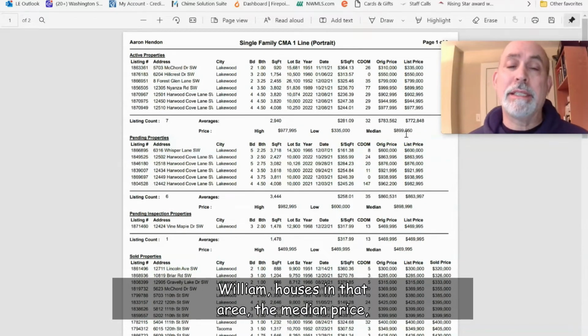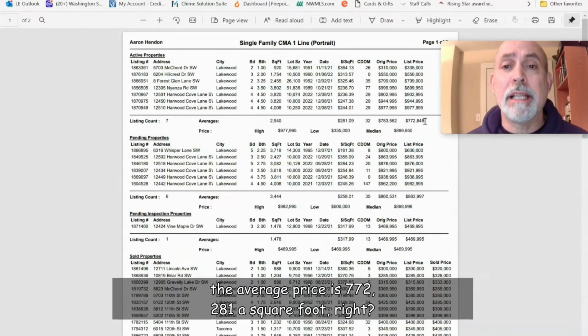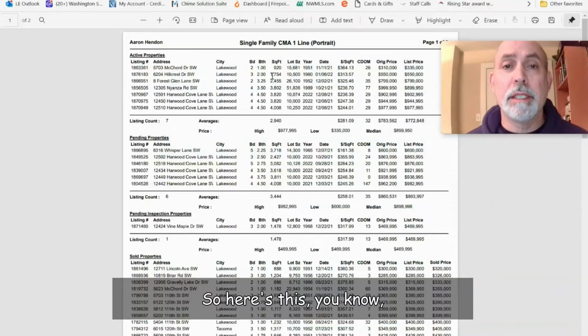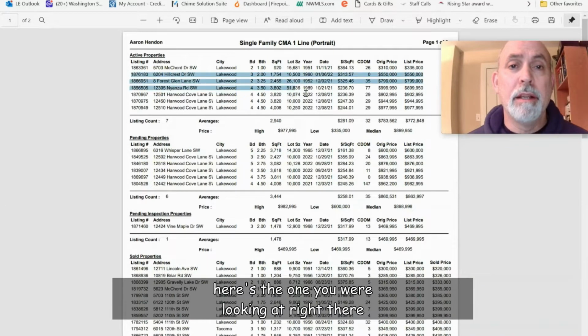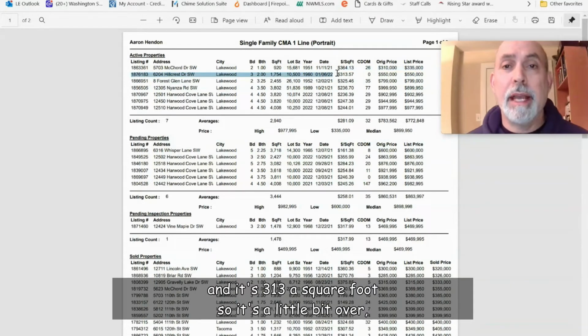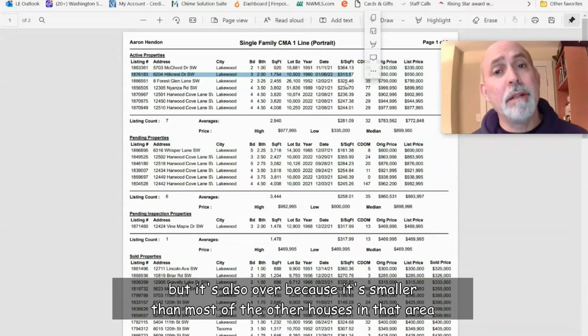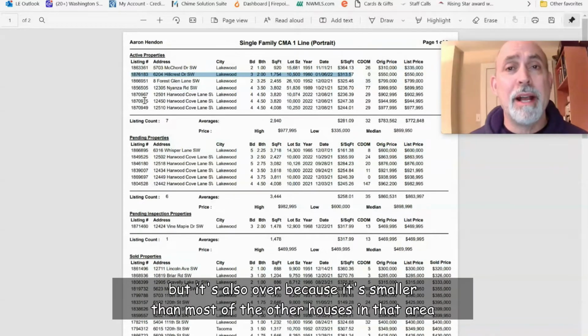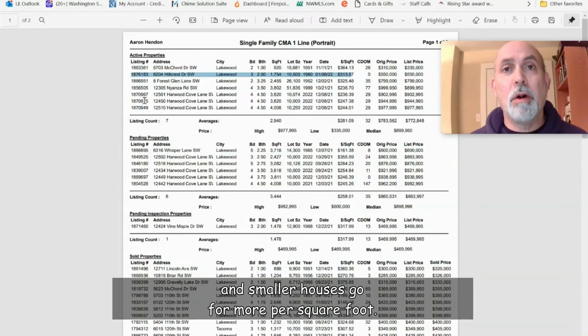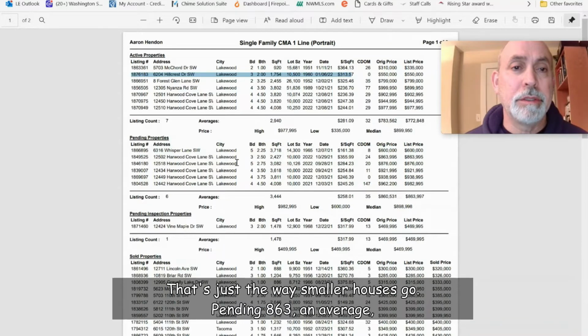William, houses in that area, the average price is 772, 281 a square foot. Here's the one you were looking at, and it's 313 a square foot, so it's a little bit over, but it's also over because it's smaller than most of the other houses in that area, and smaller houses go for more per square foot. That's just the way smaller houses go.